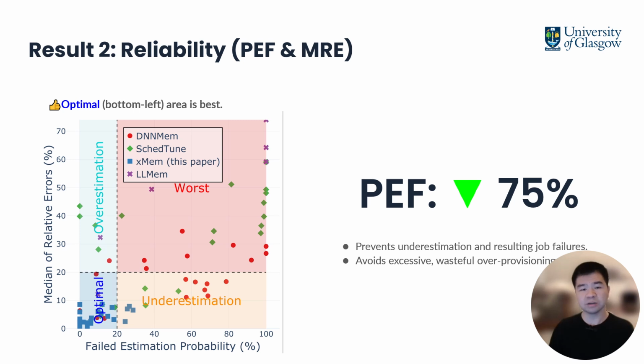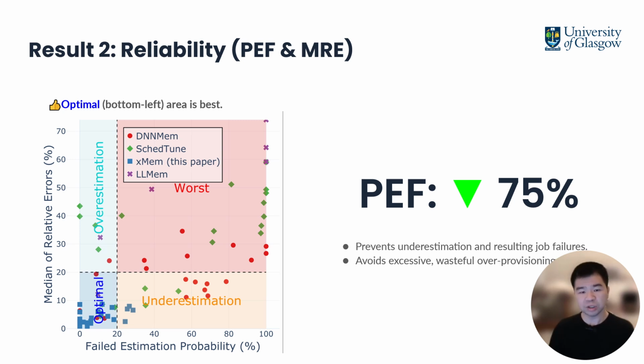The next diagram is a four-quadrant diagram. The bottom left optimal zone is the best. The x-axis is PF, the y-axis is MRE. The other three zones: the first one is underestimation, the yellow one, which causes out-of-memory failures.